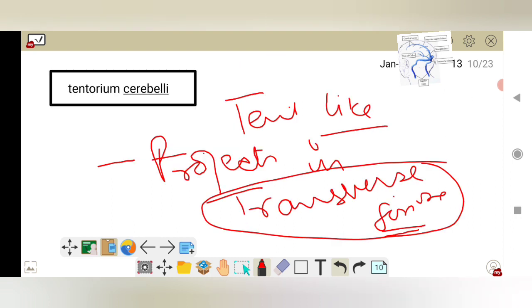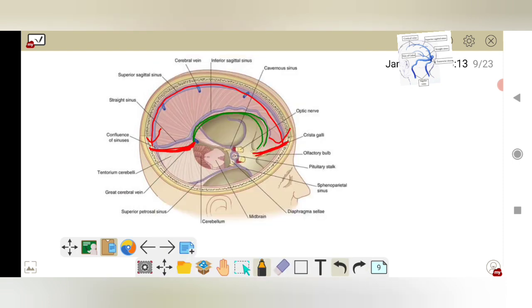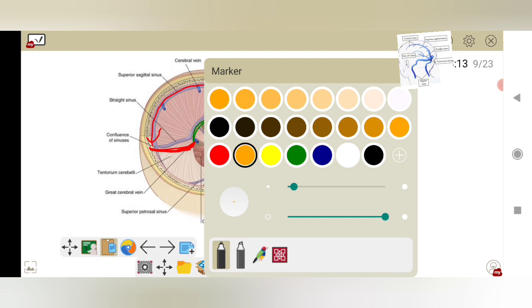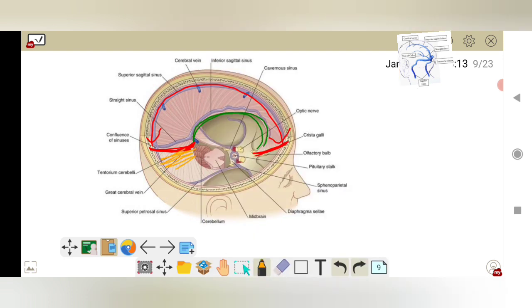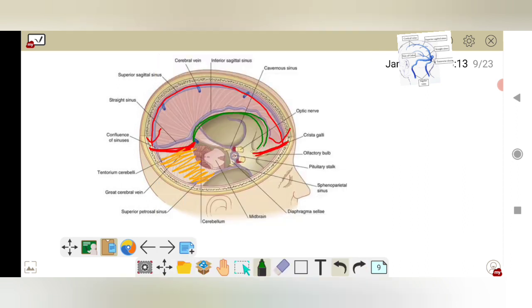If we see in this diagram, this is the tentorium cerebelli, and here we see only half of the tentorium. This is the attached margin of the tentorium cerebelli, and this one is the free margin of the tentorium cerebelli.